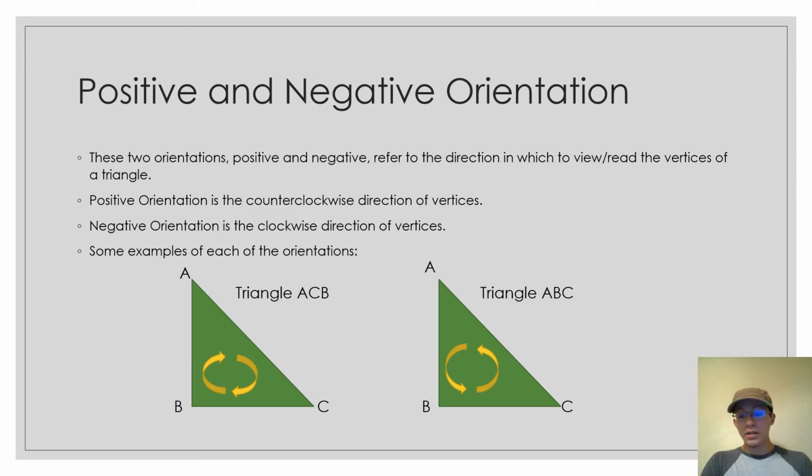A way to differentiate the two orientations is by whether you look at it in the negative or positive direction, where the positive orientation is the counterclockwise one on the right, and the clockwise direction is the left triangle at the bottom. You can see with the yellow arrows that one goes clockwise, which is the left, giving us ACB, as opposed to the one on the right, which gives us a counterclockwise direction, triangle A, B, and C.